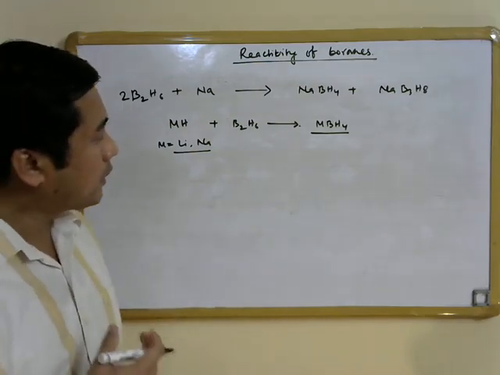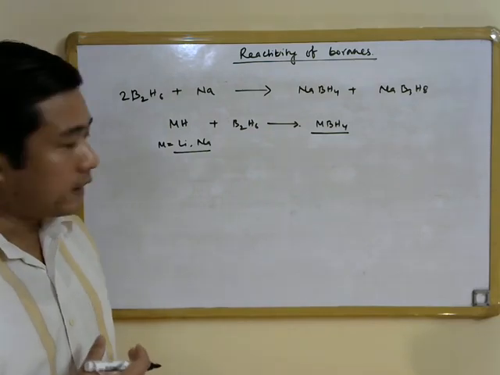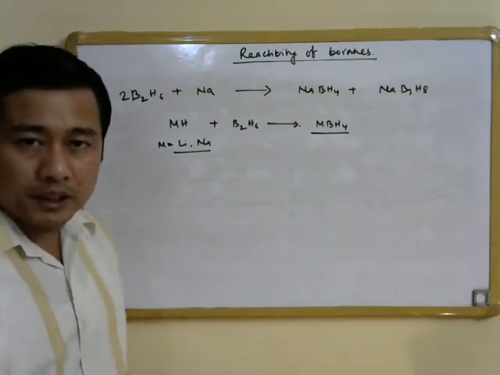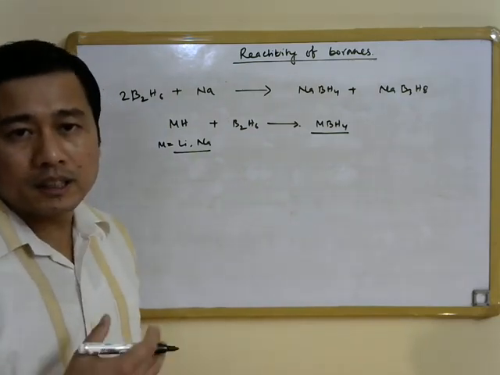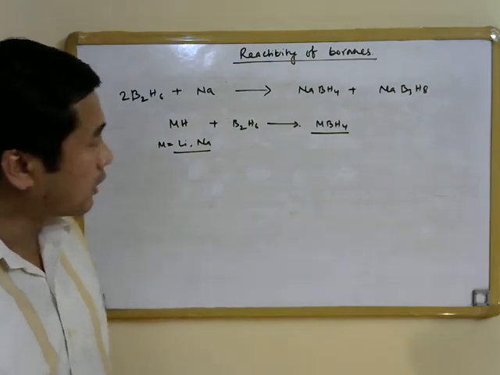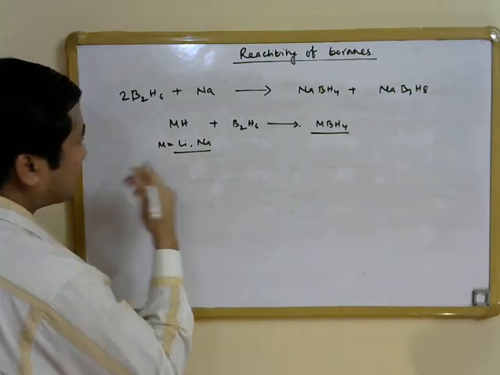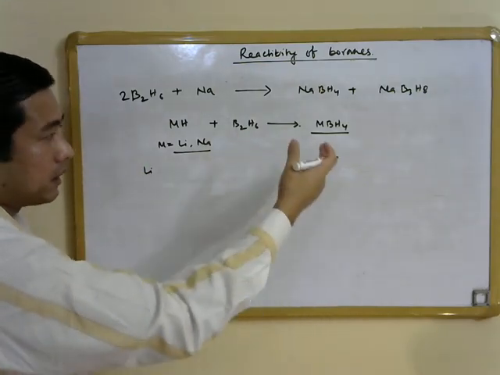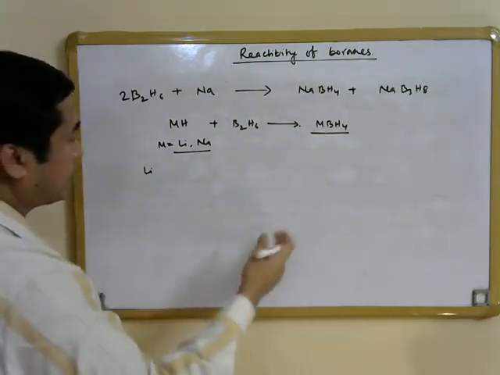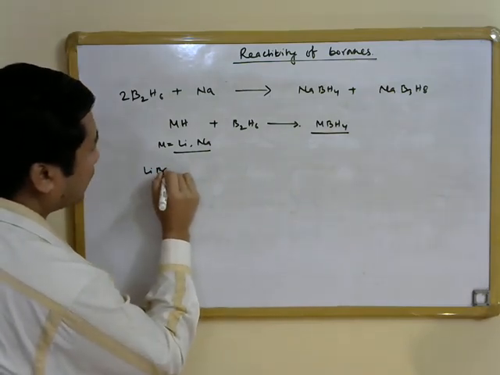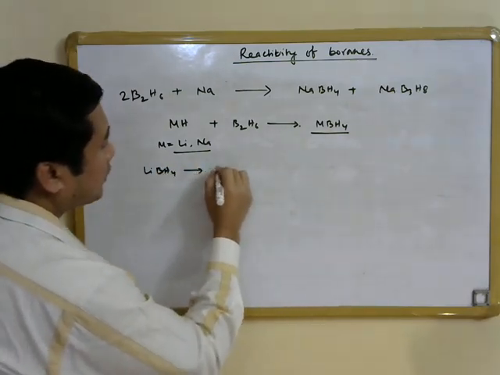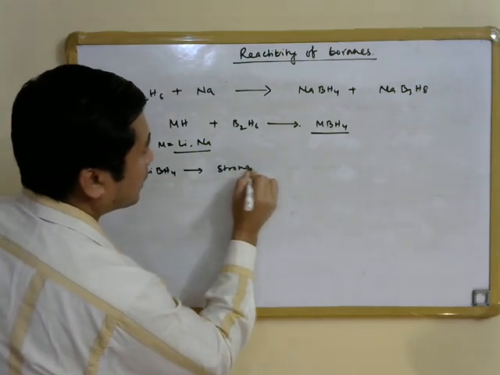But we have already learned in organic chemistry that these metal borohydrides are important synthetic reagents because they are good reducing agents. Now, when we change the alkali metal in these metal borohydrides, LiBH4 is a very strong reducing agent.